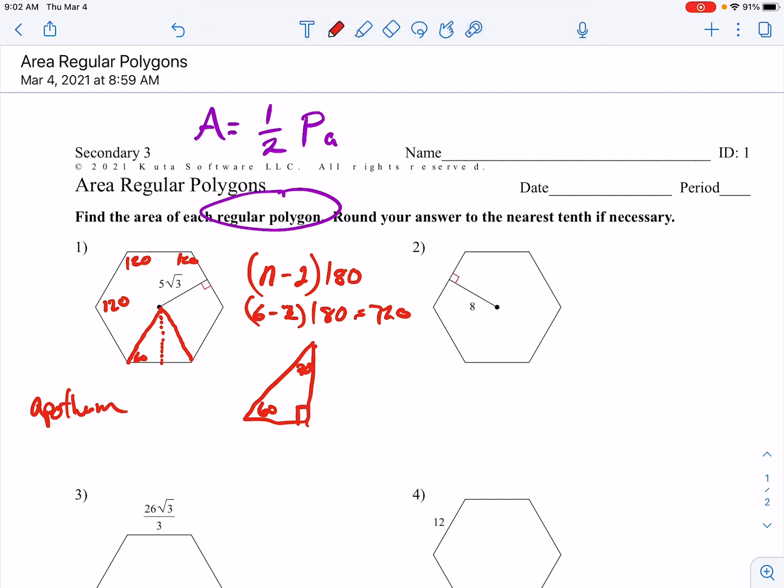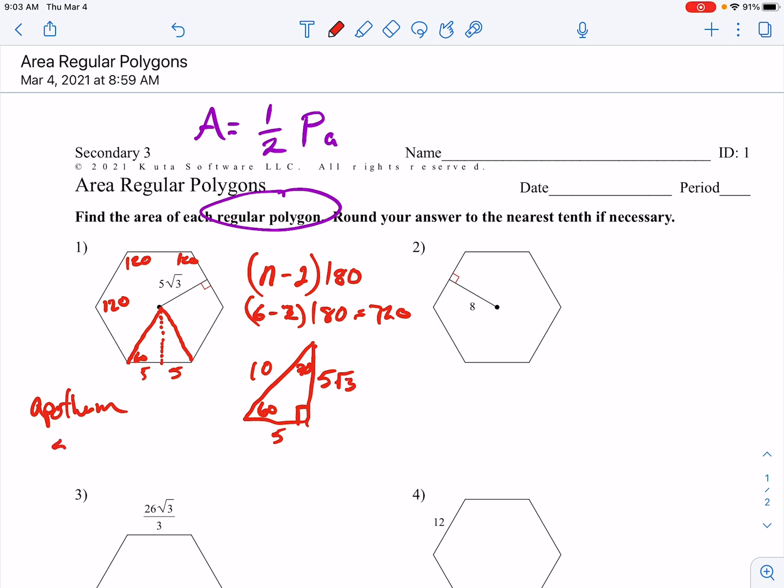So we've got a 30, 60, 90 triangle. If the apothem or height is 5√3, then I know the side's 5 and the radius has to be 10. On the 30, 60, 90, the hypotenuse is double that short side. So that would make each of the side lengths 10. 10 times 6 is 60, so the perimeter is 60.